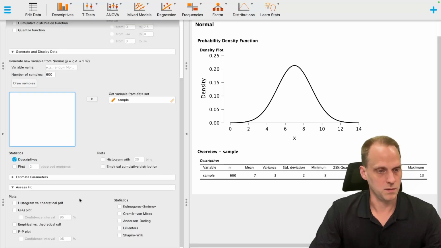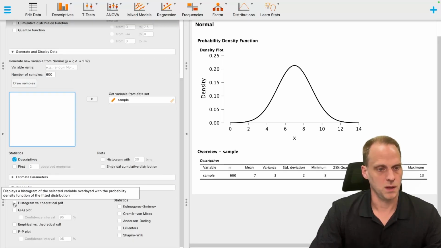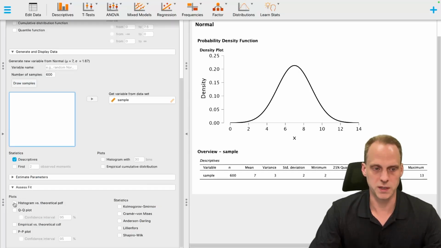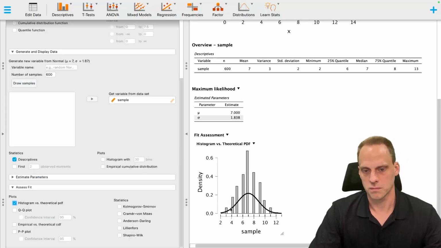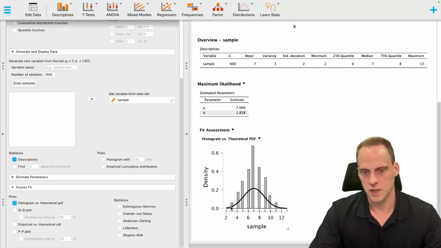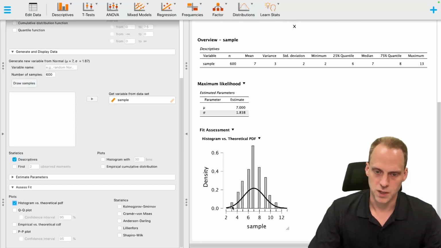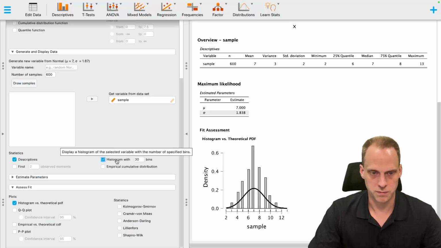And there's some other values here as well. Right? Now you can press some plots here. Histogram versus theoretical PDF, probability density function. And we get here this plot. Well, this looks a bit weird because the histogram is actually based on full numbers, integers, but it's trying to do it a bit different.